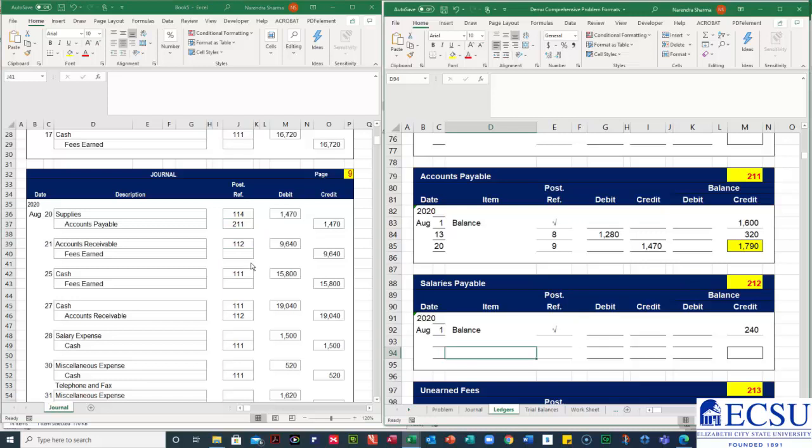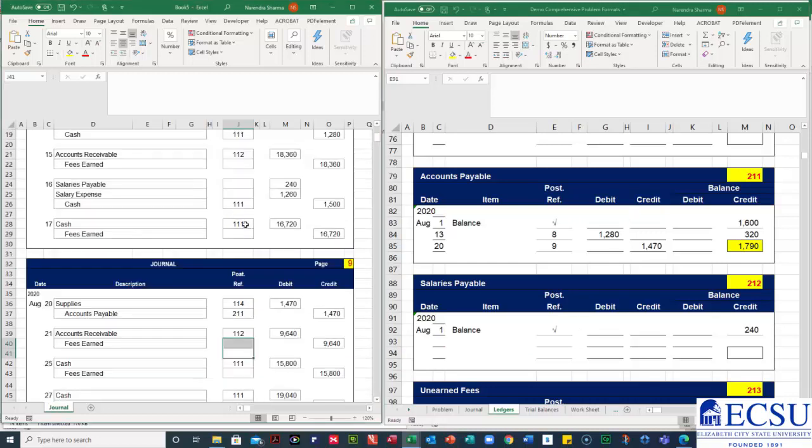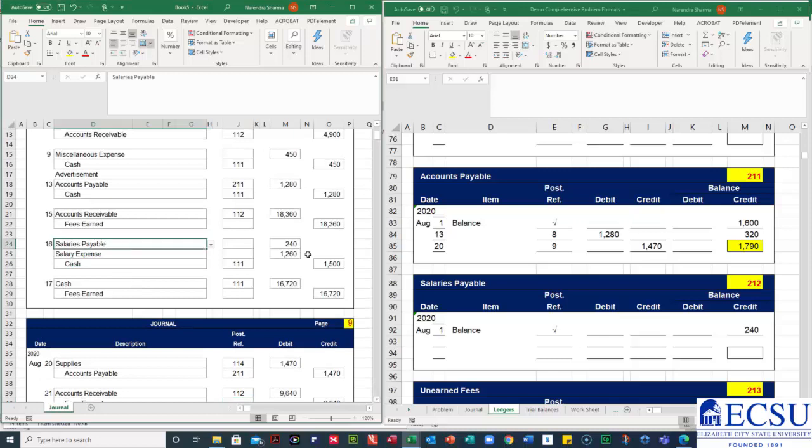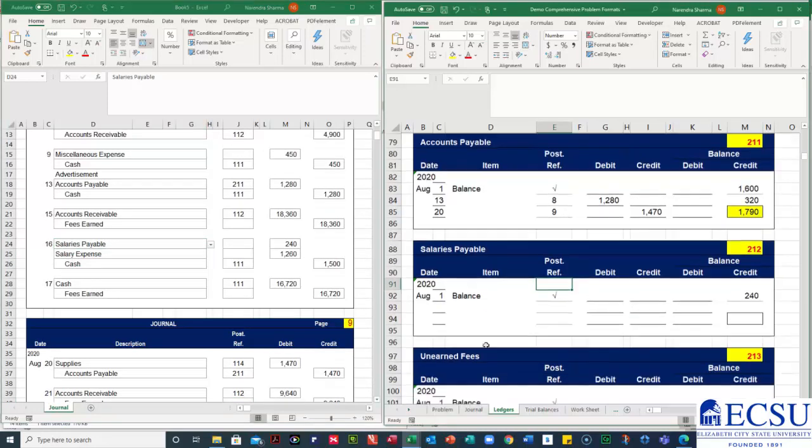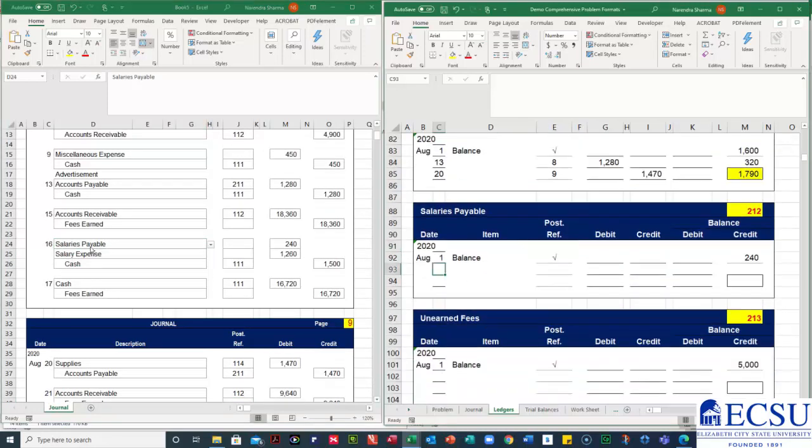Now, salaries payable. Any transaction in salaries payable? Yes, I guess. There was a salaries payable, a debit. That's on the 16th, and it is on page 8 of the journal, and a debit of 240.